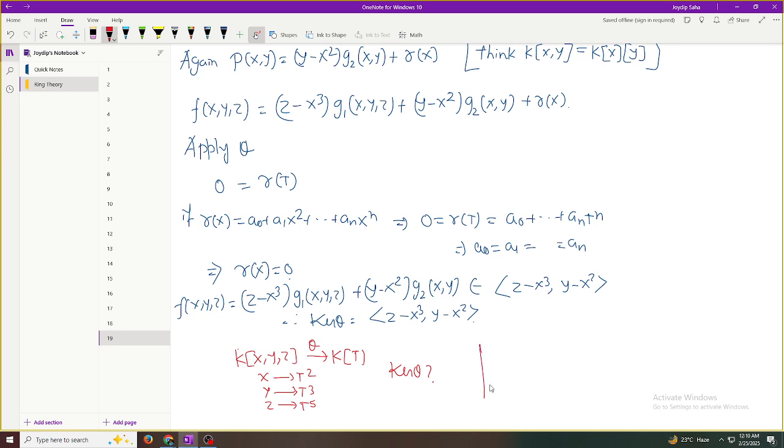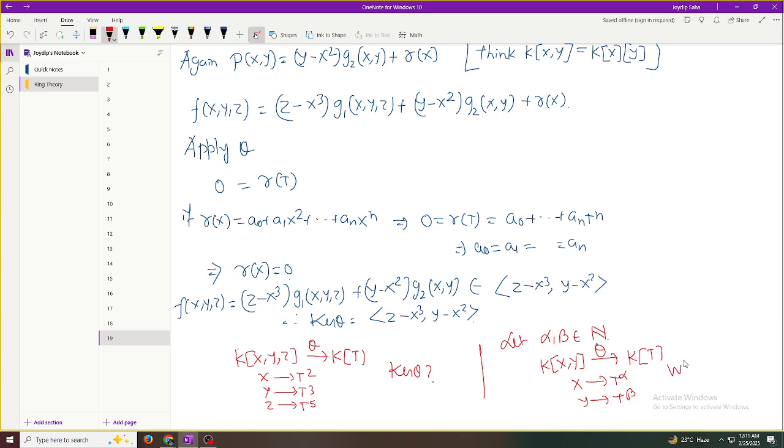Another question is, let alpha, beta belong to the natural numbers. K[x,y] to K[t], x goes to t to the power alpha, y goes to t to the power beta.